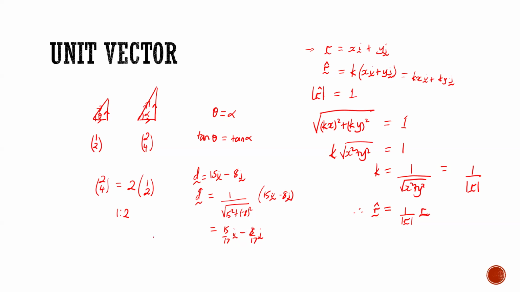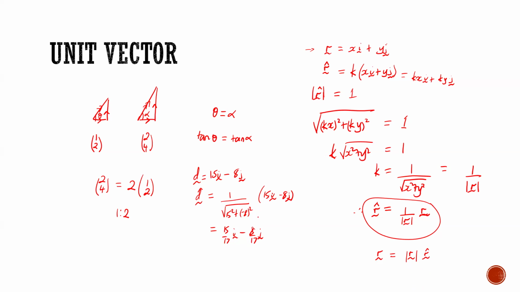Okay. And so if you've been told that you have a vector of magnitude 34 units that's parallel to d, how would you find that vector? Remember, from this equation, we can get the equation that r is given by its magnitude multiplied by its unit vector.